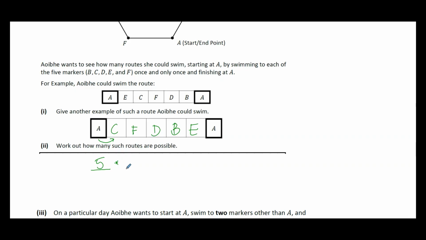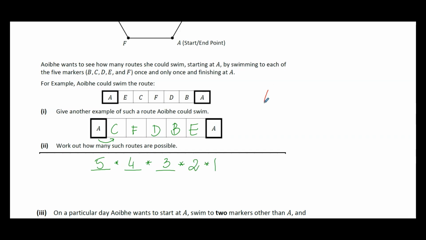Now the next part of her swim. At the next stage, how many options has she left? Well, there were 5. She picked one, so now she is left with 4. And then another one. We picked 2 points, so now we are left with 3 to choose from. And you're guessing right, then 2 and 1. That's how we do this calculation.